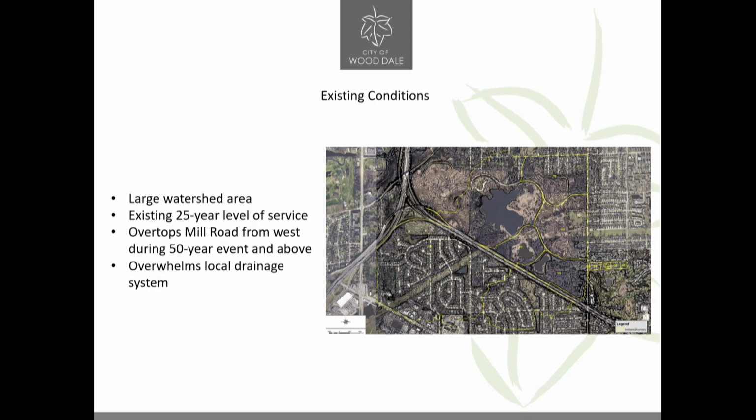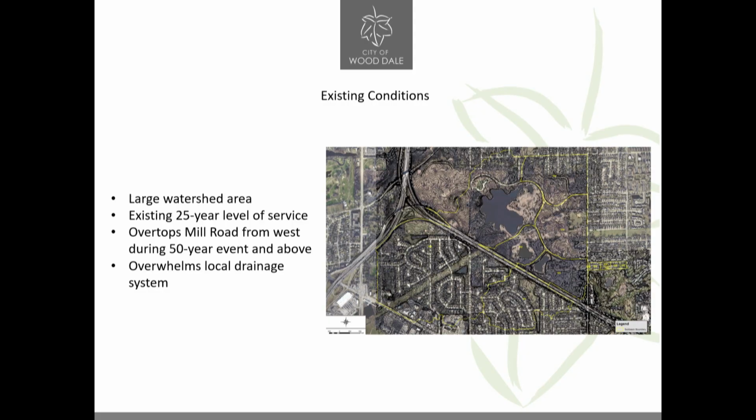A summary of the report, they did an analysis of the existing conditions and did some hydraulic modeling for the existing conditions and some proposed alternates for some improvements. The existing conditions to the west of Mill Road, there's a rather large watershed area that drains to the east towards Salt Creek. It's about 426 acres. And the existing drainage system on Mary Jane Lane provides a 25-year level of service, which is common for a road project or residential street.